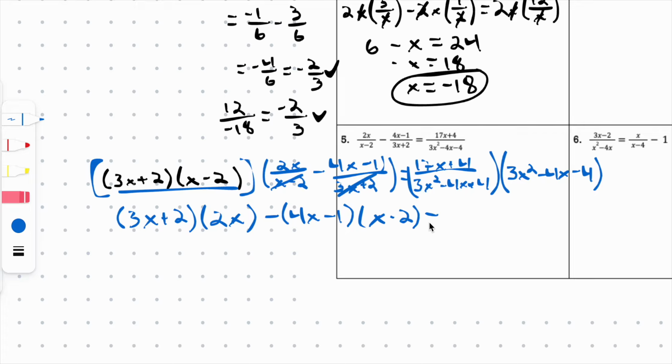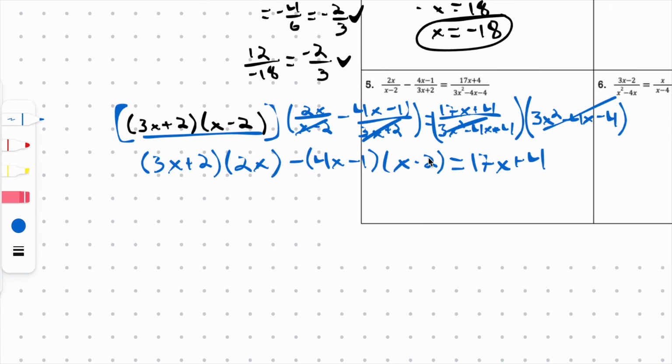Then here, we have 17x plus 4 over 3x squared minus 4x plus 4 times 3x squared minus 4x minus 4. Sorry, this is the minus side. These end up canceling out, right? So we're just left with 17x plus 4.